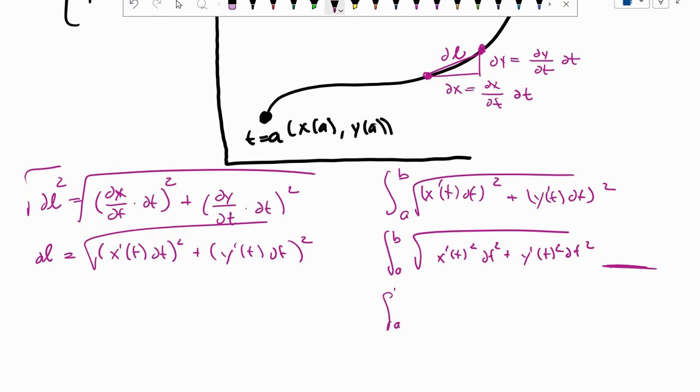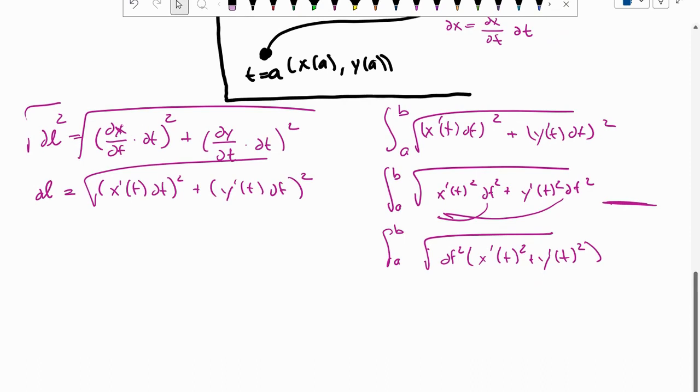So we have to keep simplifying. If we factor out a dt squared, we're left with the square root of dt squared times (x prime of t squared plus y prime of t squared), which further simplifies into the arc length for parametric curves.